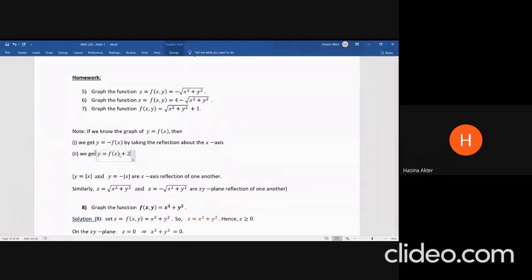How do you get this? On the right side by 2 units, shifting the graph 2 units along the y-axis.